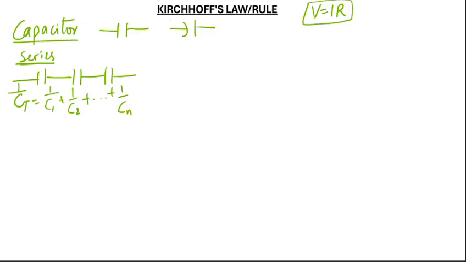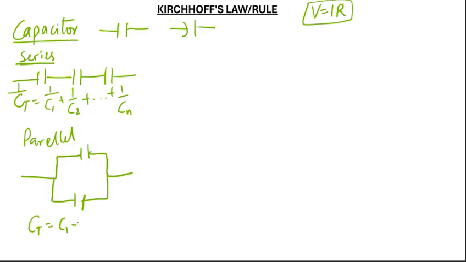That's how we calculate for capacitors. For parallel connection, it's the same way we connect resistors, and the calculation is just C1 plus C2 plus C3 plus all the way to Cn.